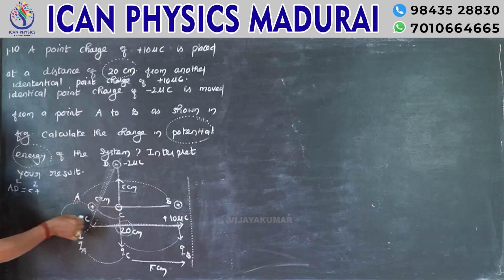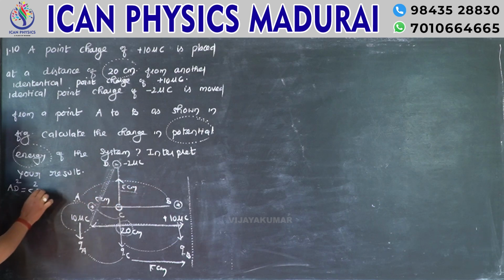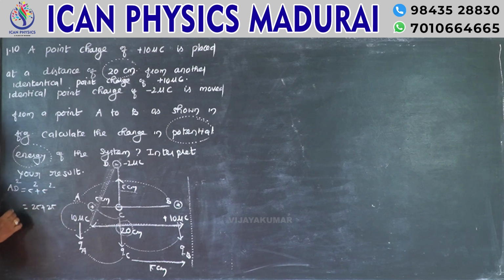So 5 square. From here to there, the distance is 5. So 5 square. So 5 5s are 25 plus 5 5s are 25. To take the square, we can put the square root. So square root of 25 plus 25, then it becomes 50. Okay.